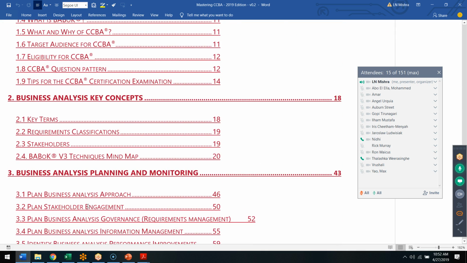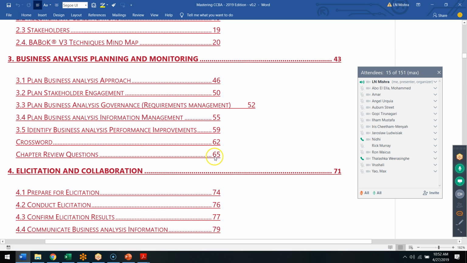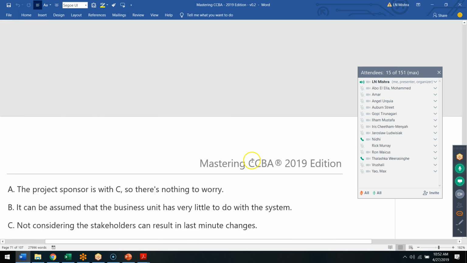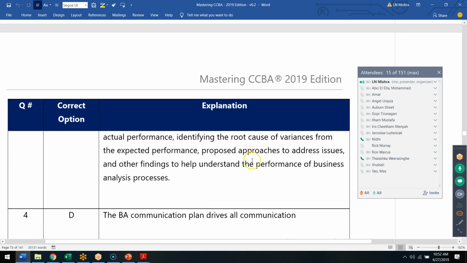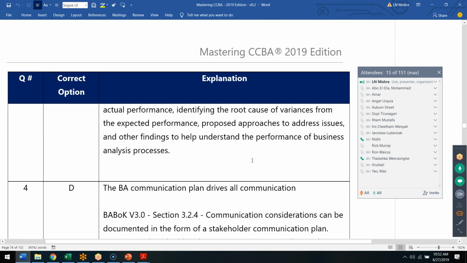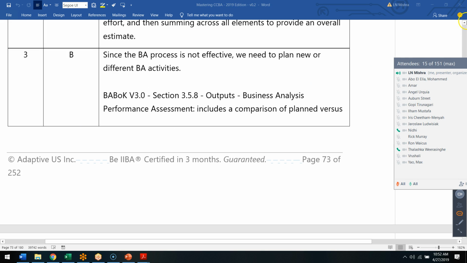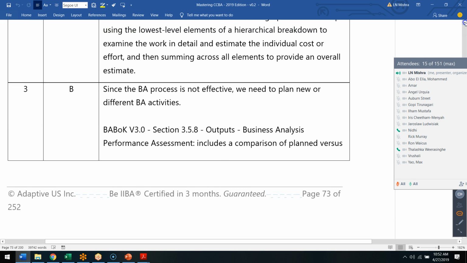Suppose I go to any section, say at the end, we have this chapter and questions and answers. These are the questions. This is how we have to provide the answers to IIBA or anybody, not we alone.